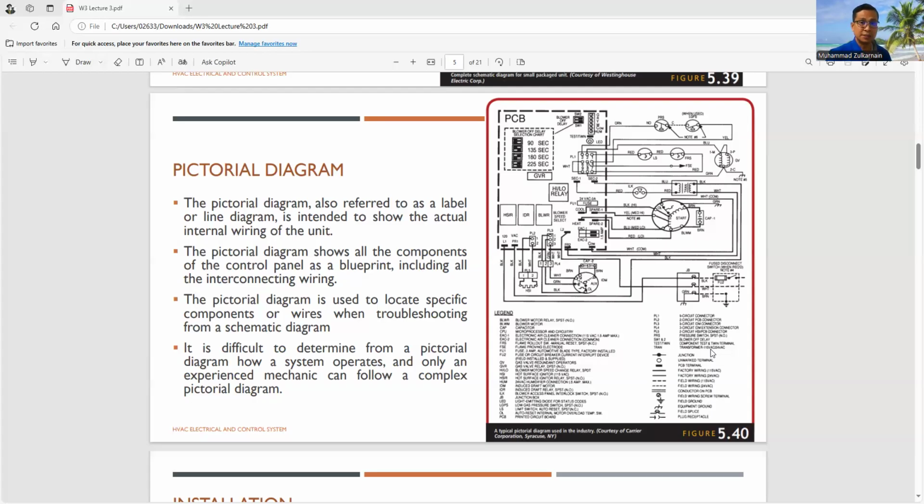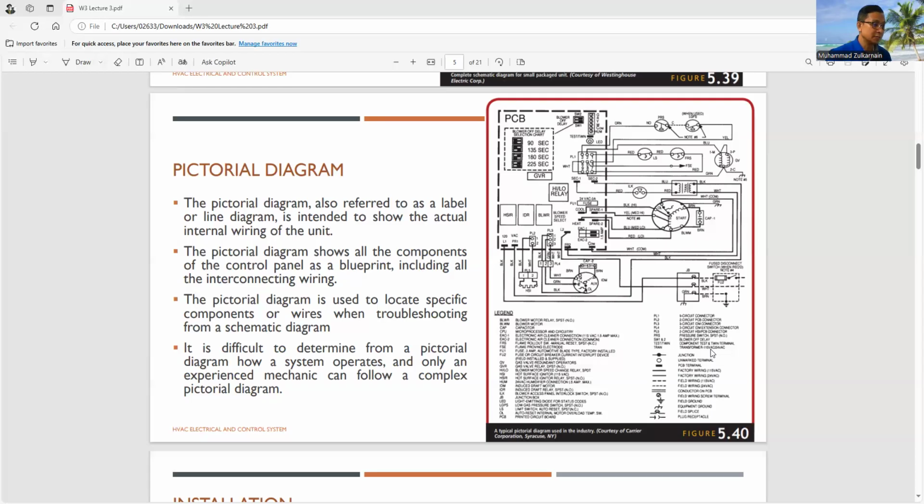If the power system does not work in that line, it means you need to replace the component, maybe because the component has already broken down. The pictorial diagram is used to locate specific components or wires when troubleshooting from the schematic diagram. As I mentioned before, if you meet troubleshooting, you should use the pictorial diagram.